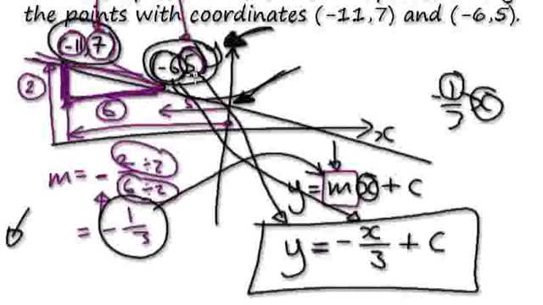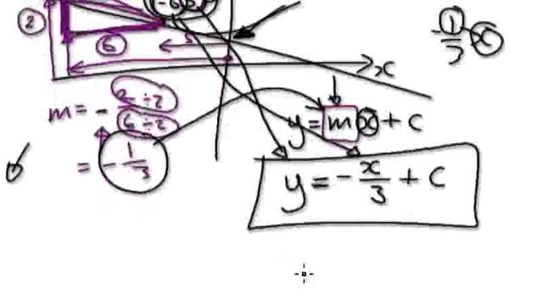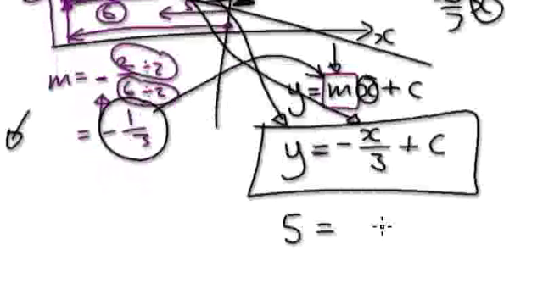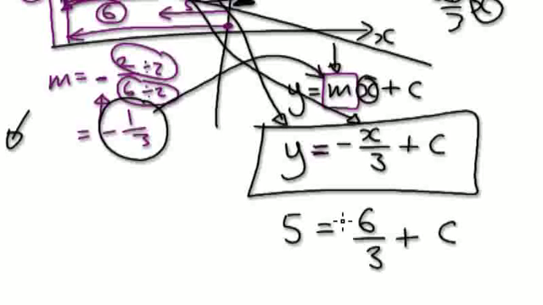So what do we put into the y? We put the 5 into the y. So it would be 5 equals, and then we put the minus 6 into the x here. You've got a minus and a minus, so that would be a positive 6 over 3, plus c.